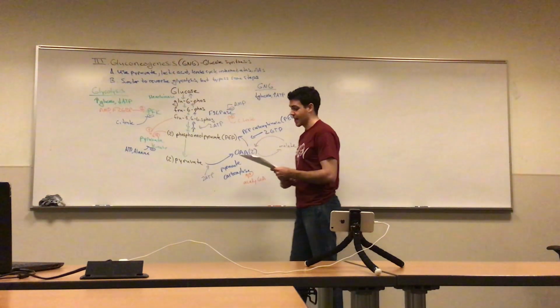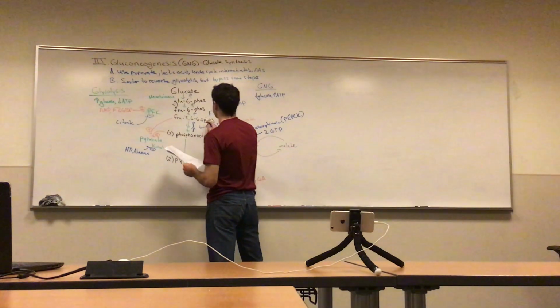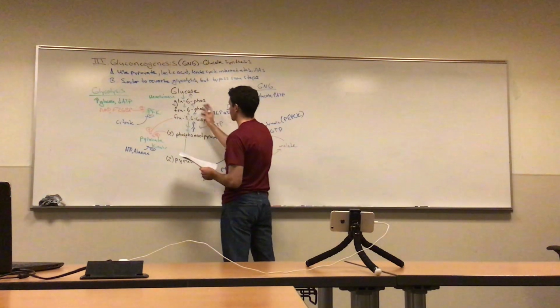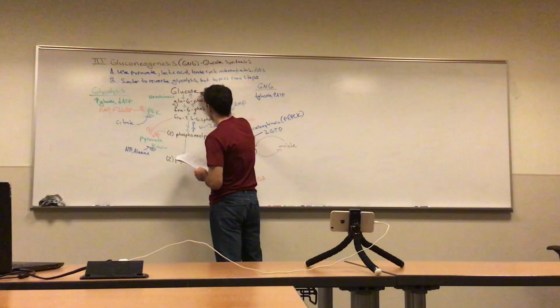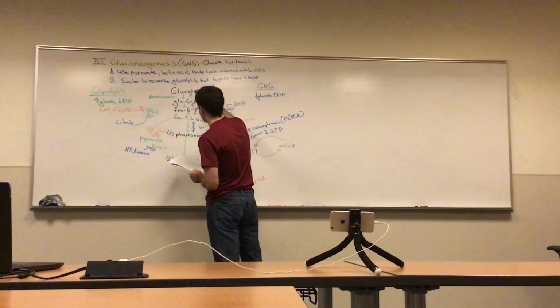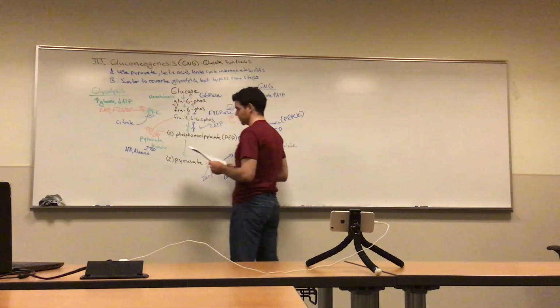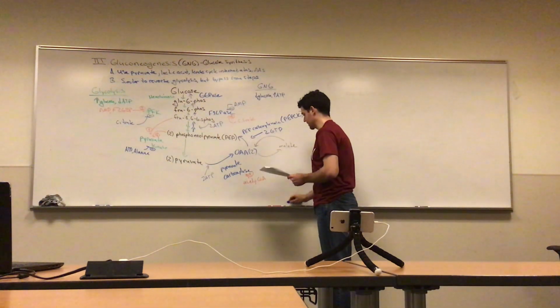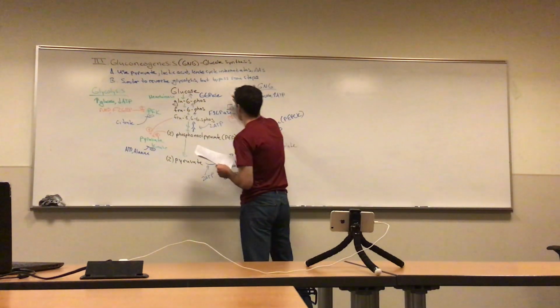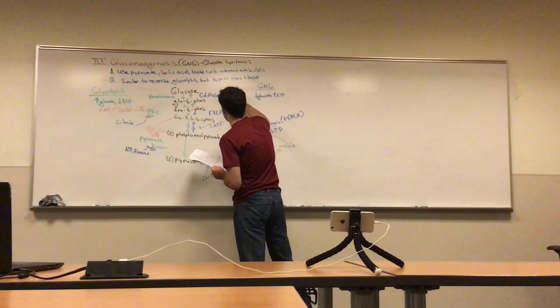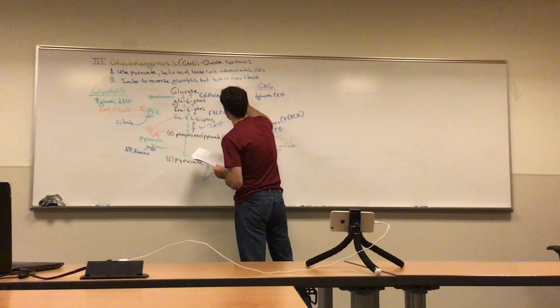It's going to be the same naming as here, just the name of the molecule plus ase. So glucose 6-phosphatase, G6Pase. The key thing about this is it's only in the liver.